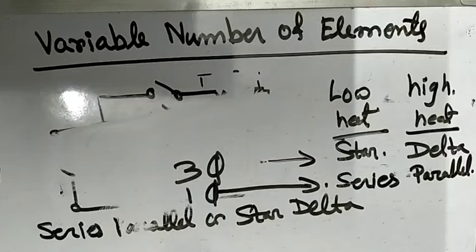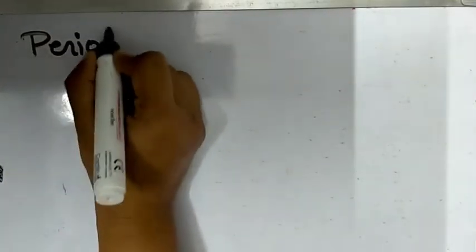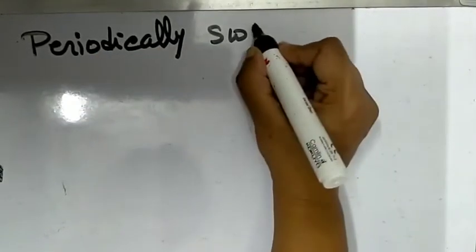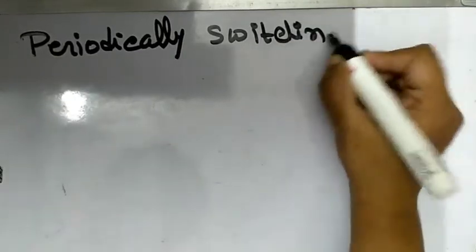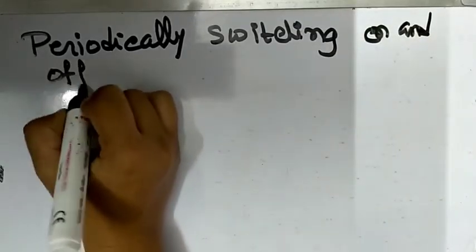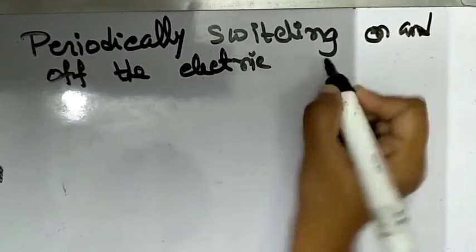Okay, now the next procedure of temperature control of resistance furnace is by varying the ratio of on and off time. We can say periodically switching on and off the electric supply.